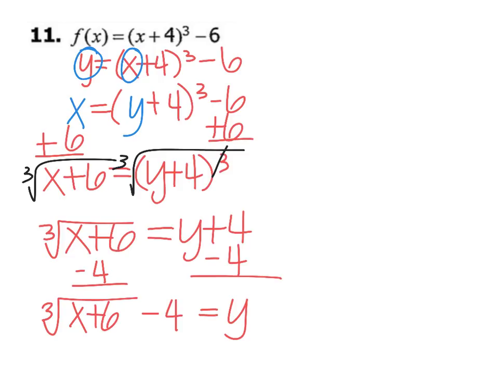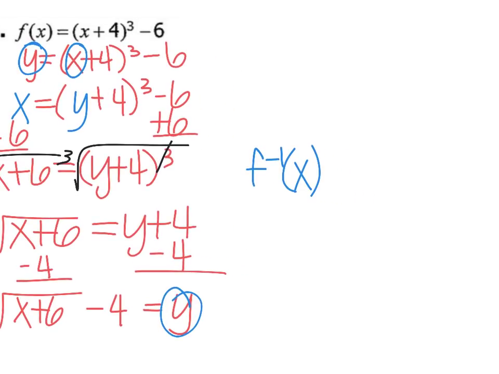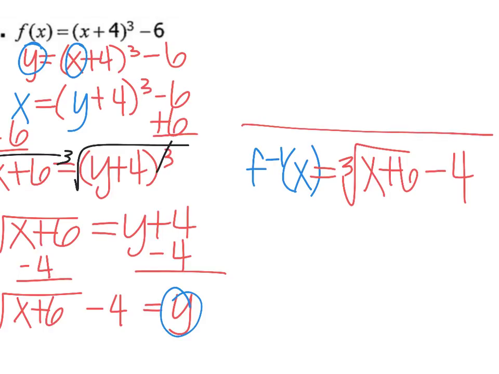Then replace your y with the inverse of f of x, the inverse of the function. And we know the inverse is the cube root of x plus 6 minus 4. And that's the inverse of your function.